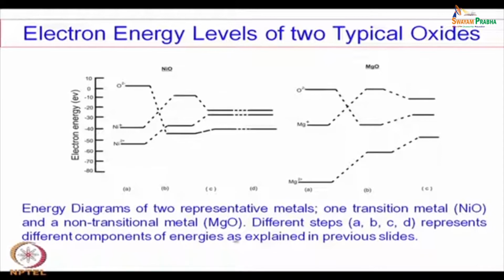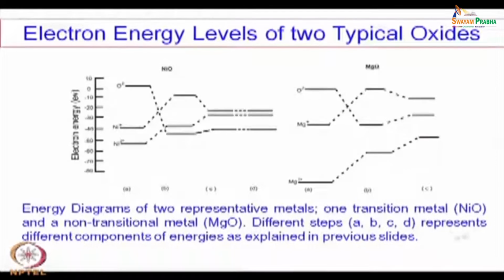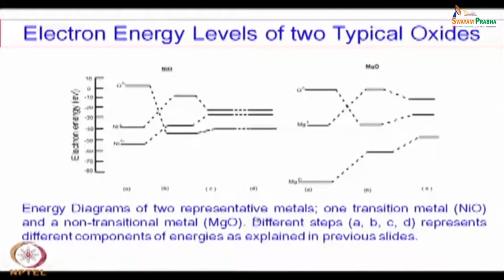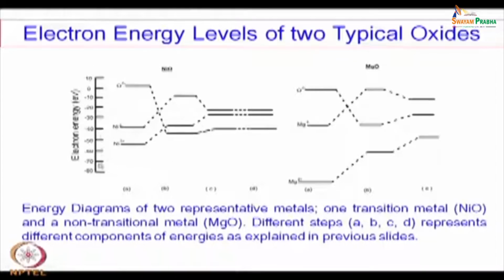The energy diagram here represents two representative oxides, one transition metal oxide, NiO, and a non-transition metal oxide, MgO. The different steps A, B, C, D represent different components of the energies as explained in previous slides. What we have talked about is what is given here, on the energy scale.